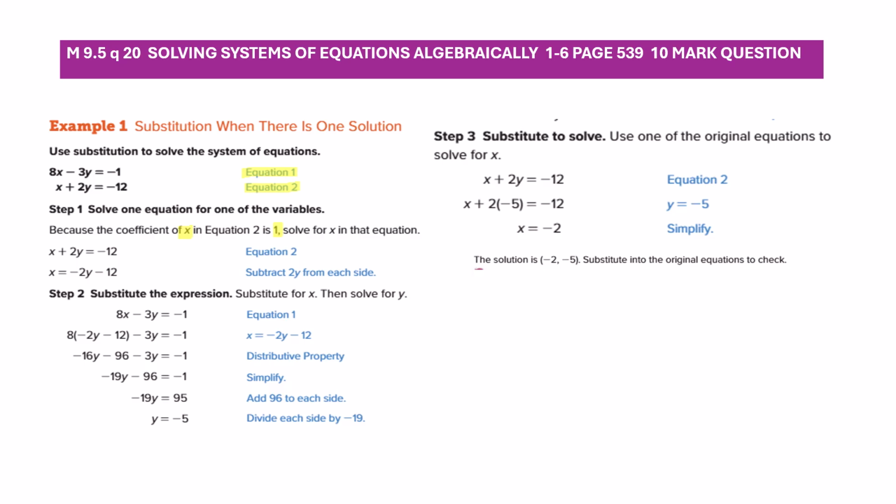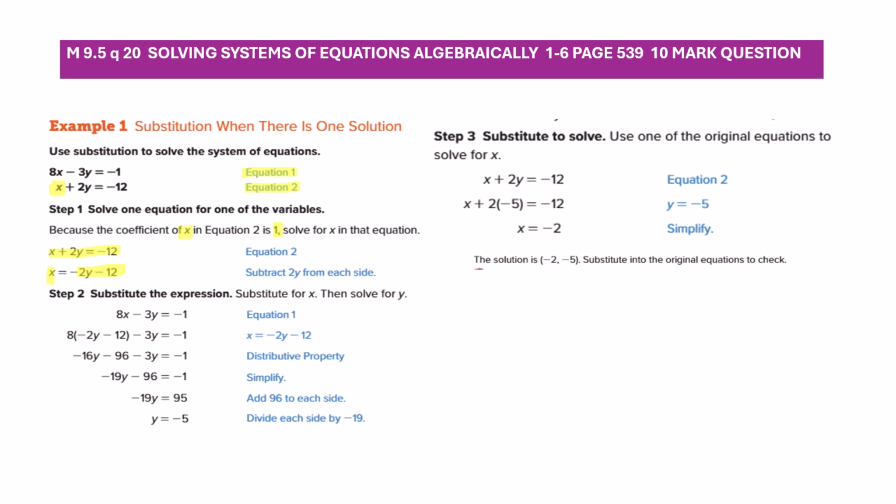In this example, we're going to look at equation 2, because in equation 2 the coefficient of x is 1. So write your equation down: x plus 2y is equal to negative 12. Then make x the subject of the equation. So x is equal to minus 2y minus 12.